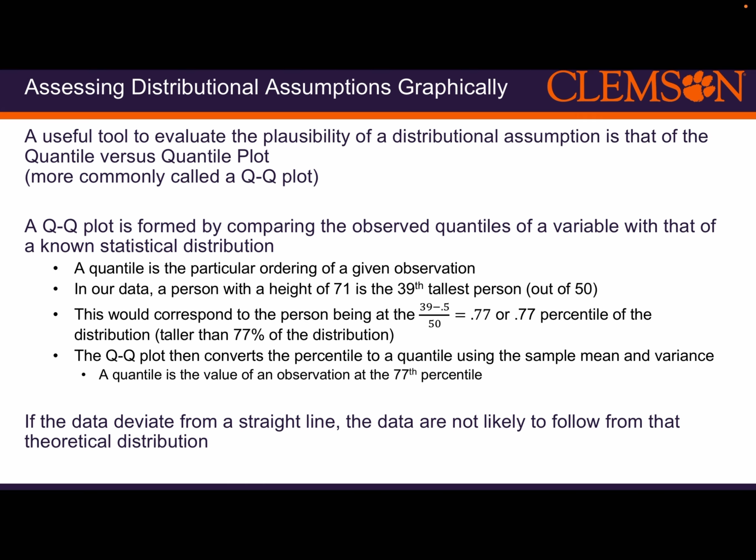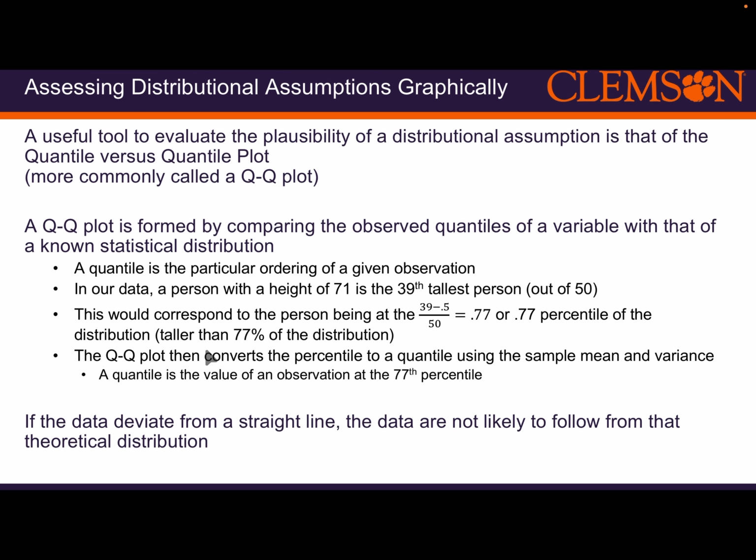A quantile is the particular ordering of a given observation. So for example, imagine a person in our height data set with a height of 71 inches. They happen to be the 39th tallest person out of 50, right? That would correspond to, if you want to talk about percentile, the 77th percentile of our distribution, right? Or they're taller than 77%.